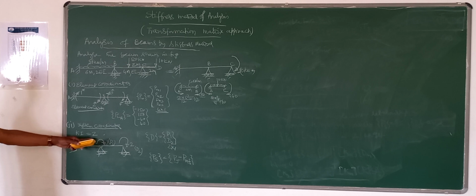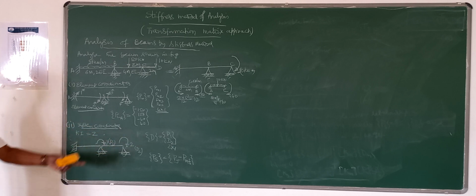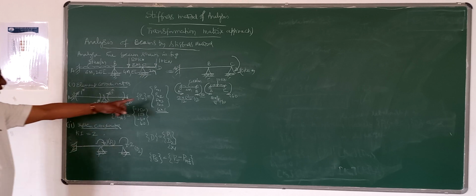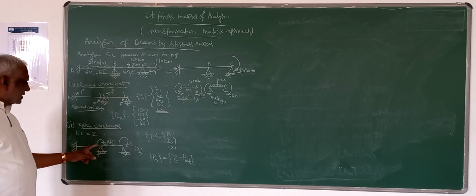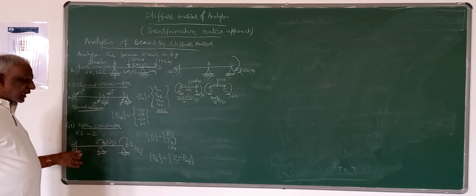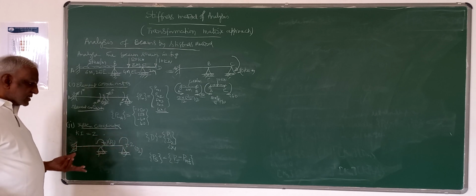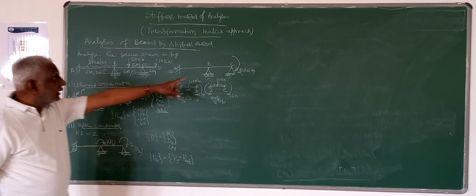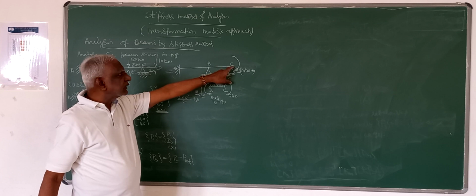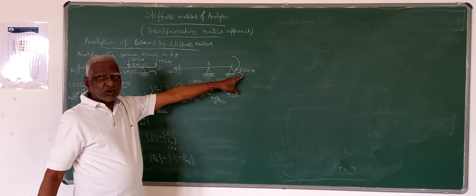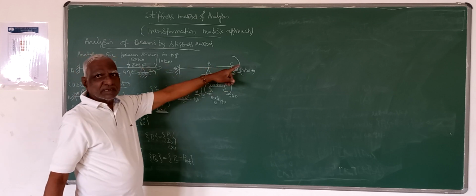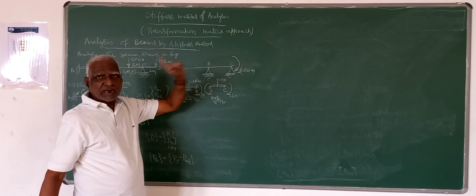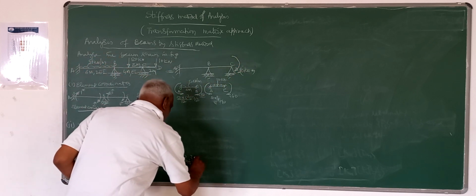Whatever load is there corresponding to these coordinates, I have to subtract from the joint load. That I have already calculated here. So PJ, the external joint load, is given only at this joint. There is an external joint load due to overhang. Here we are using the overhang moment, so that we have to take.